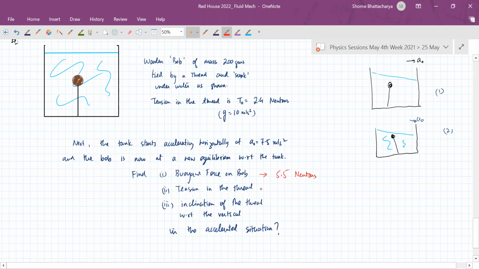Okay. Tension in the thread will become 3 newtons. Angle of inclination will be 37 degrees, but like this, not like this. Yes, good, Naman.